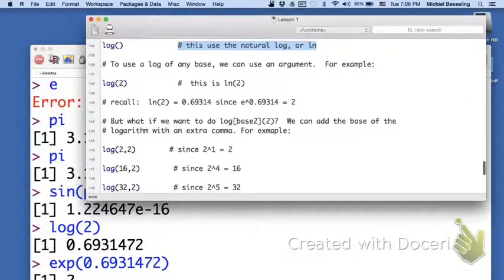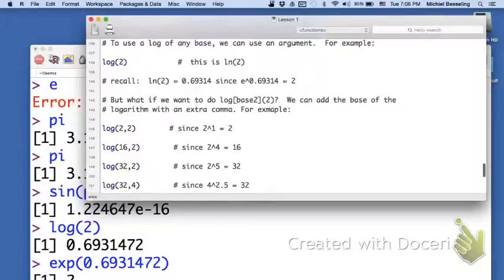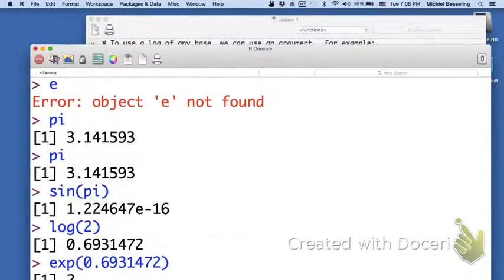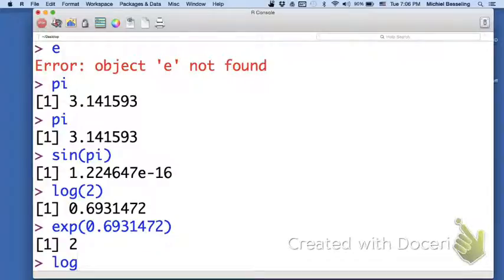So if we want to do something like log of 2 base 2, if we want to change the base of a logarithm, this is where we're going to use the argument. We're going to put a comma after the log, and that's going to specify what base we want. So if I want to take the log base 2 of 2, it should be 1.